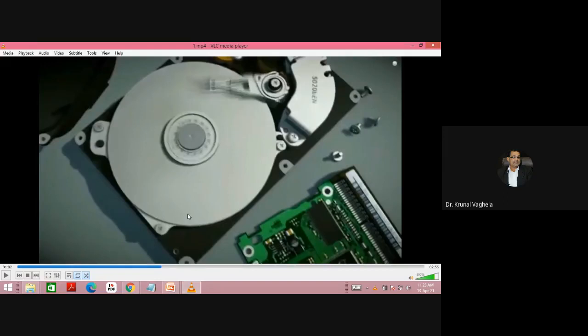So what it will do, this disk will be rotated and the desired cylinder or sector will be below this arm. So this is rotational delay. So this arm positioning is seek time, and this platter moving round is, you can say, rotational delay.